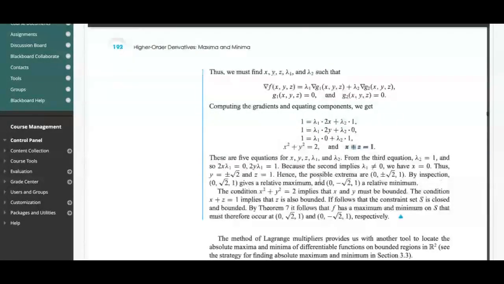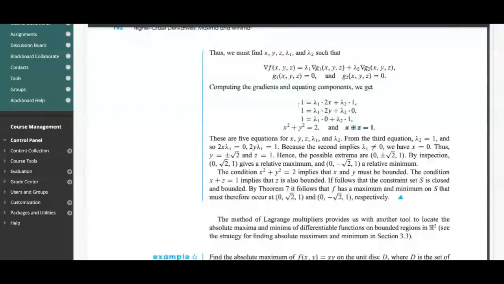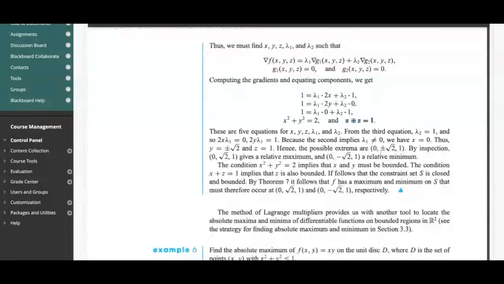You may use different ways to solve this, all right? So in the end, we get (0, square root 2, 1) and (0, negative square root 2, 1) to be the critical points of f on those 2 constraints.